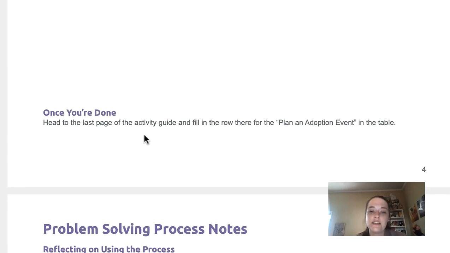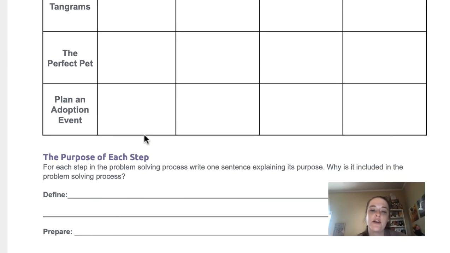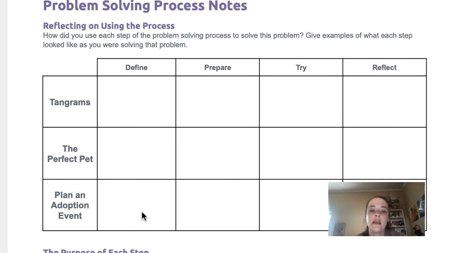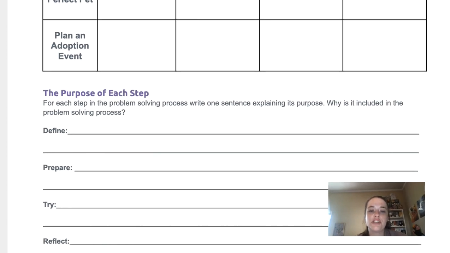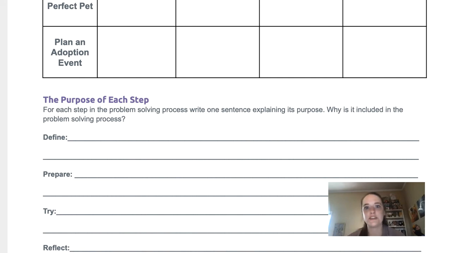Once you're done, head to the last page, which is right here. Plan an adoption event. Define, prepare, try, reflect. What did those steps look like for the adoption event planning? Now pause the video so you can finish that table. For each step of the problem-solving process, write one sentence explaining its purpose.